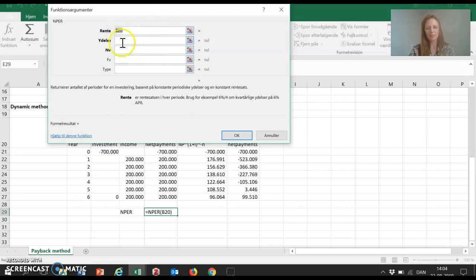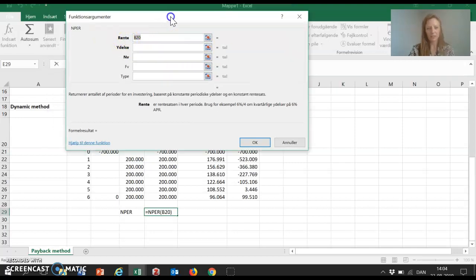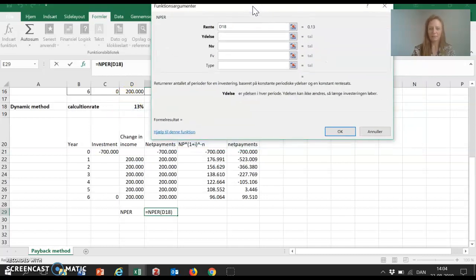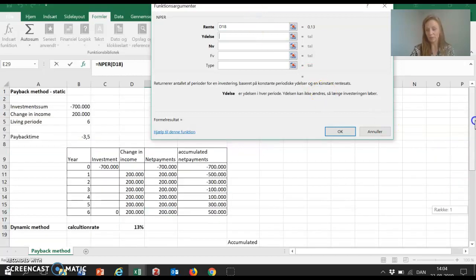The first thing it's asking for is the calculation rate, and the calculation rate I said was 13. Now the payments that I'm looking for here were the 200,000, which was the initial change in income. So I will write the 200,000 here. And then the present value of what we have to pay back at the moment are these 700,000.